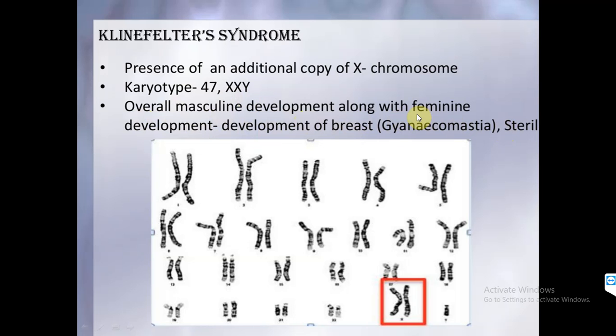So Klinefelter syndrome is a very commonly seen syndrome, and this is the change in the set of chromosomes that can be seen in it. The total number of 46 is increased to 47 because there is an extra copy of the X chromosome.